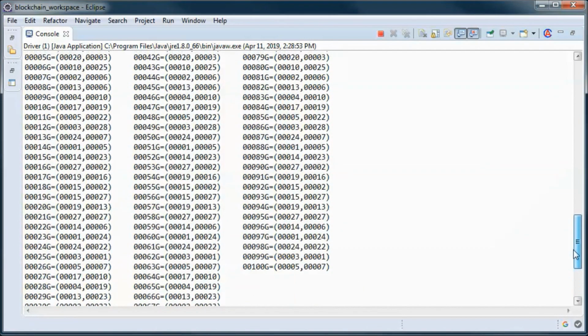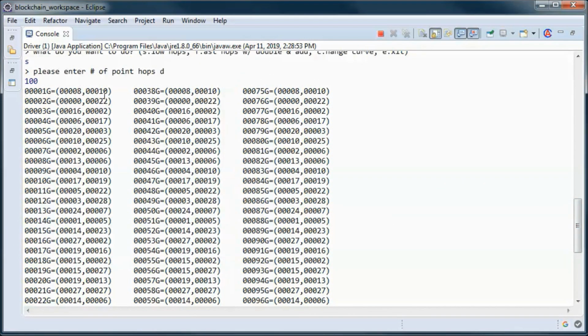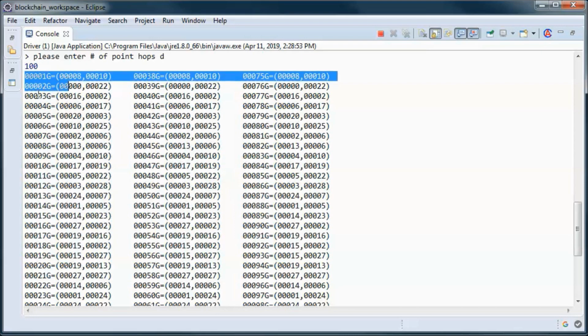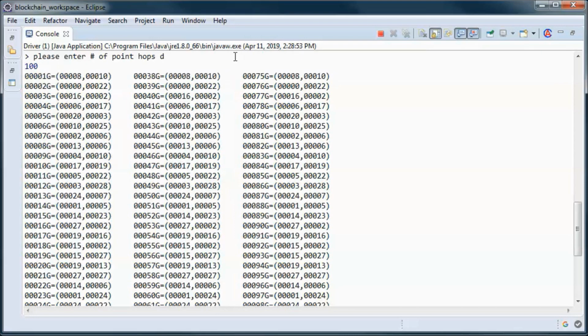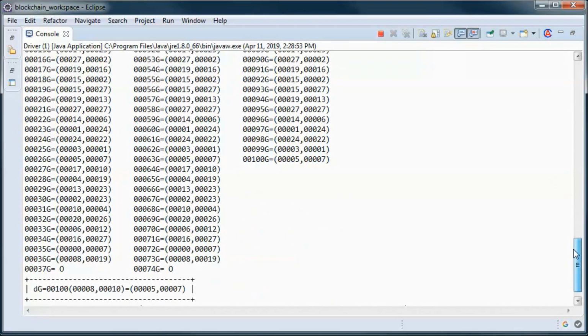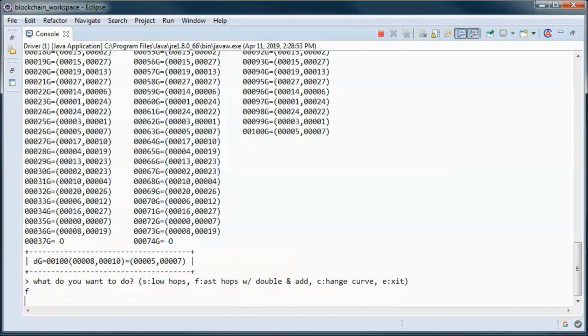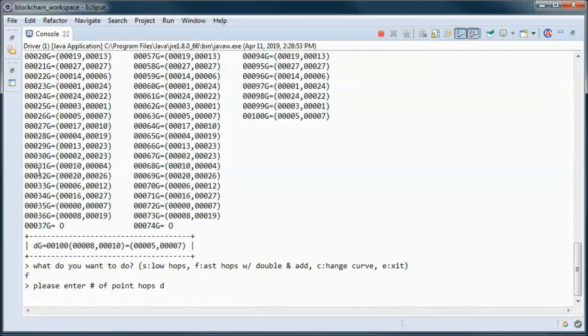And we can see the cyclic behavior here. So each one of those columns, here and here and here, is generating the entire group. So let's try fast hopping and maybe do 32 hops.